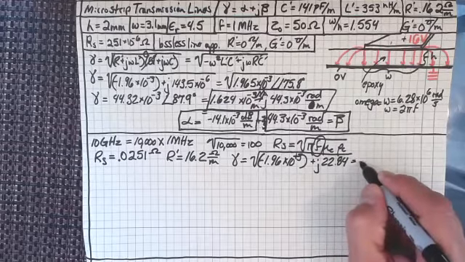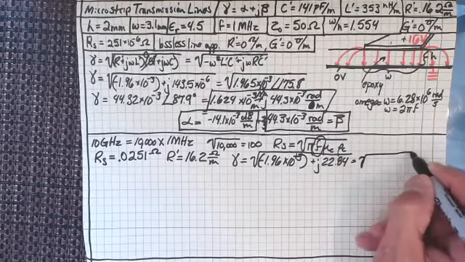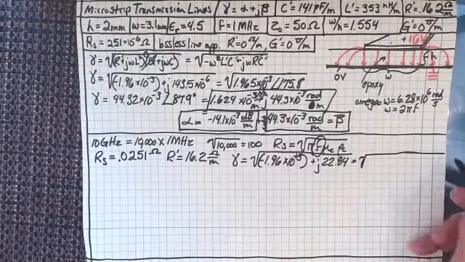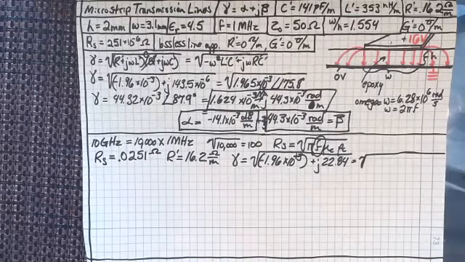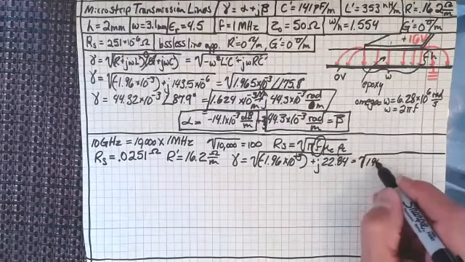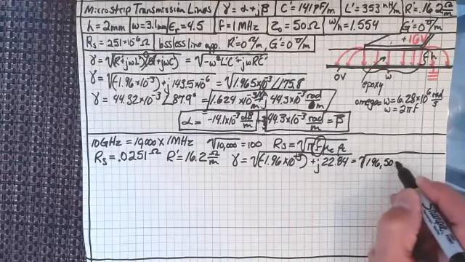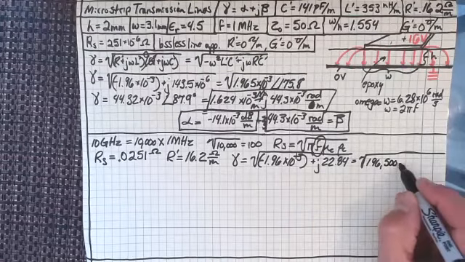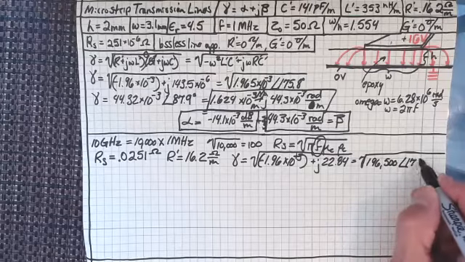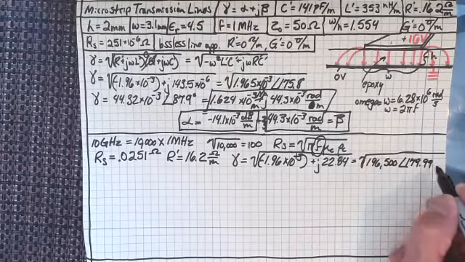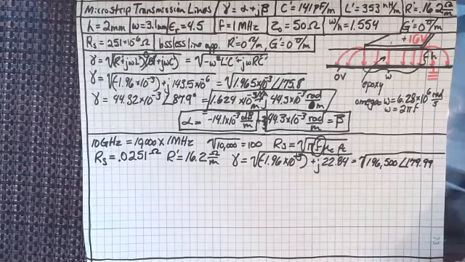So let me write this now as a phasor, right? If I write that as a phasor, I get 196,500 at an angle of 179.99.